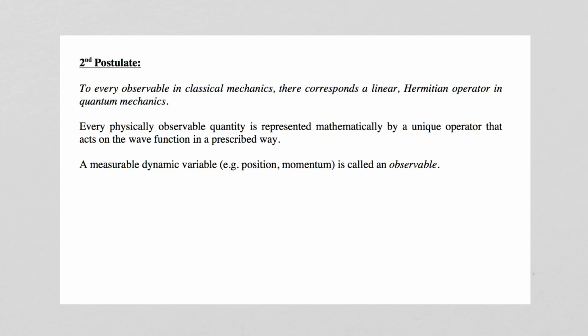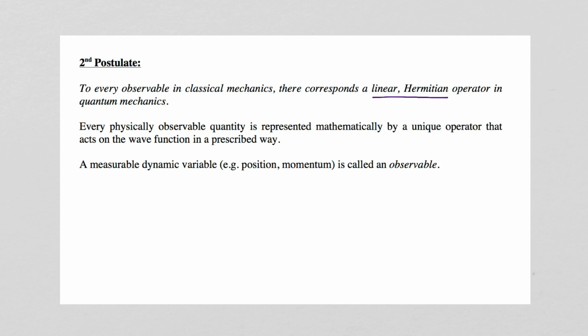Okay, so the second postulate states that to every observable in classical mechanics there corresponds a linear Hermitian operator in quantum mechanics. Now the first thing I'll mention is that this idea of a linear Hermitian operator, we're going to talk about those qualities a little bit down the road.